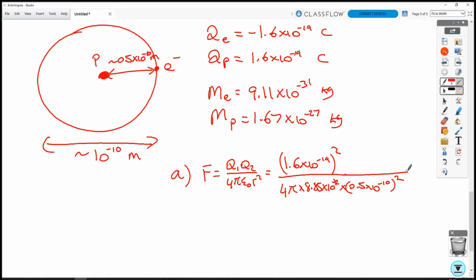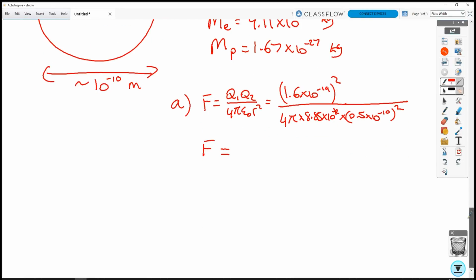Can you just type that into your calculator and give me the value? It's 9.2 times 10 to the minus 8 newtons.